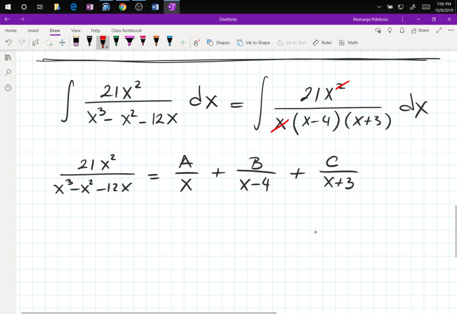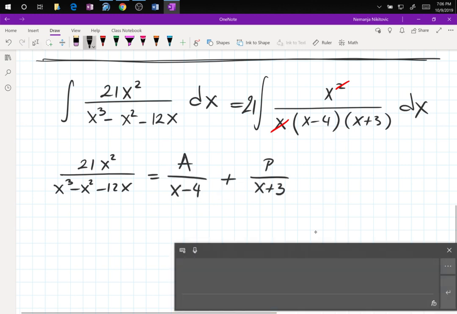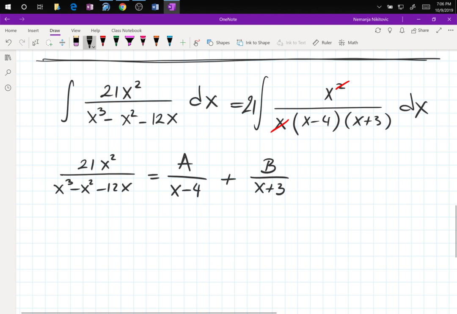Well, now that we are in this business, kick 21 outside. So now you really made it simpler. And now these are going to be A and B. Now I got to move everything. There we go. All right.